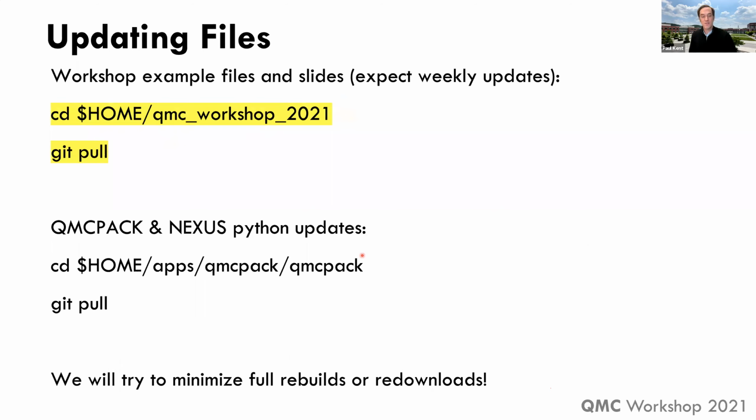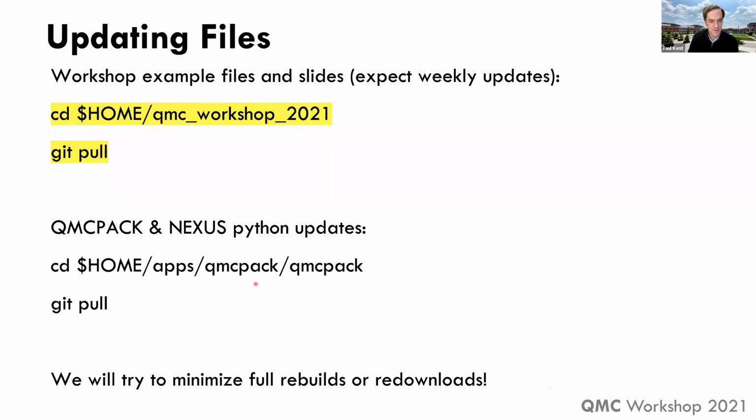Now, one important step that we will all need to do each week, and that's just the reality of putting these together, is that there will be updates to the workshop files, and of course slides will be uploaded. So the workshop files are of course a Git repository, so you can CD into there and just do a git pull, and if you do that each week, you'll get the updated files.